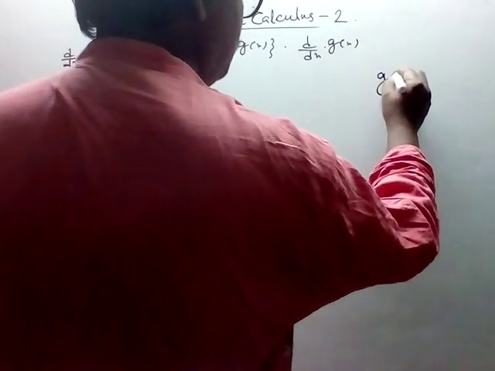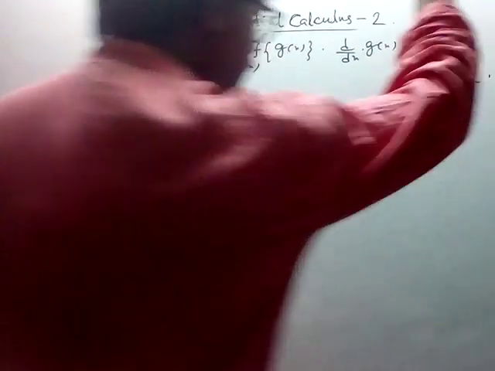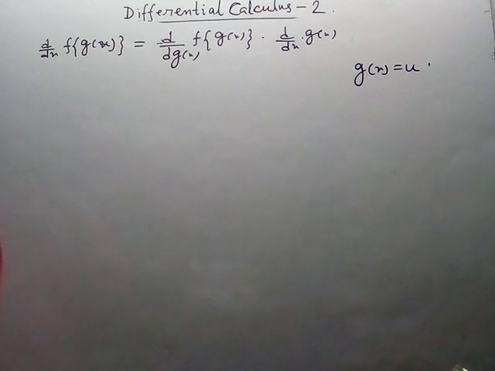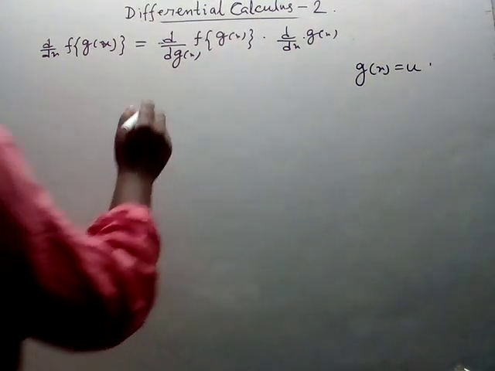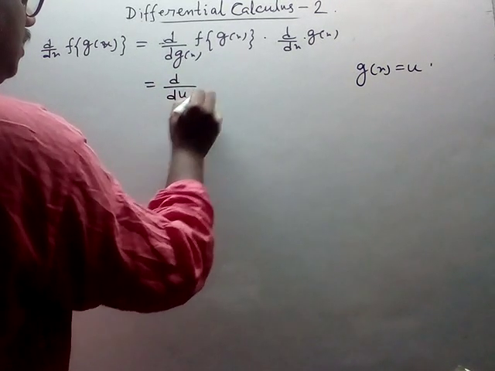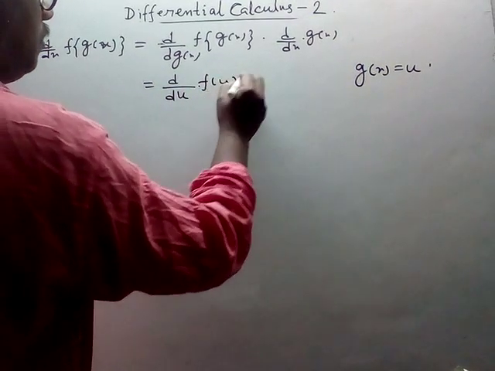If we write g(x) equals u, then we can write here d/du of f of u.